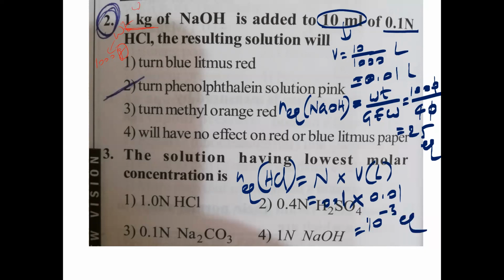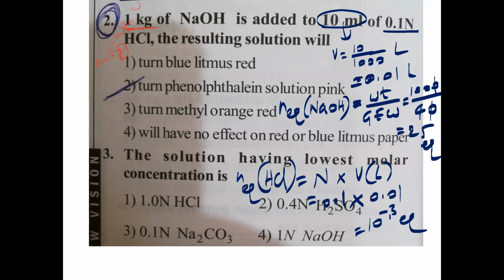Very small, less than 1. But how many equivalents of base are there? 25 equivalents of base, whereas only 10 power minus 3 equivalents of acid. Very little acid is there.